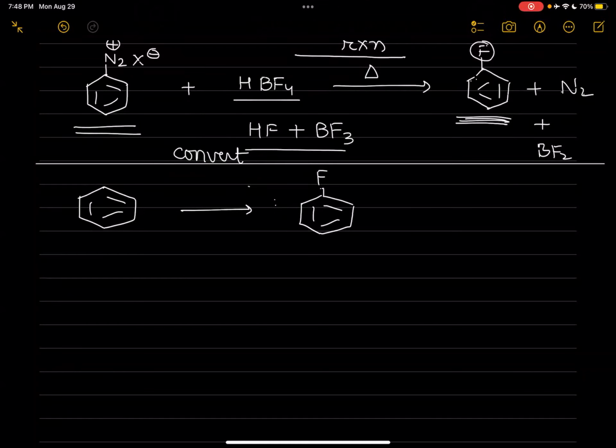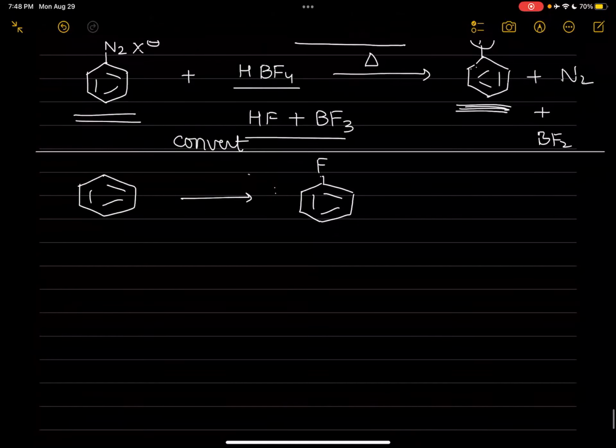You need to start from scratch. Suppose they ask you to convert benzene to fluorobenzene, and you can't do it directly. So how will you start?